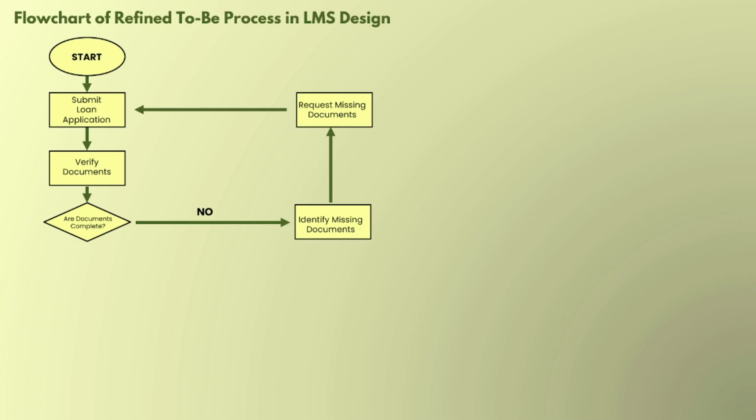Via this we will provide a list of documents that are missing. I hope till now you have a little idea of what is going on in the flowchart for the loan management system.